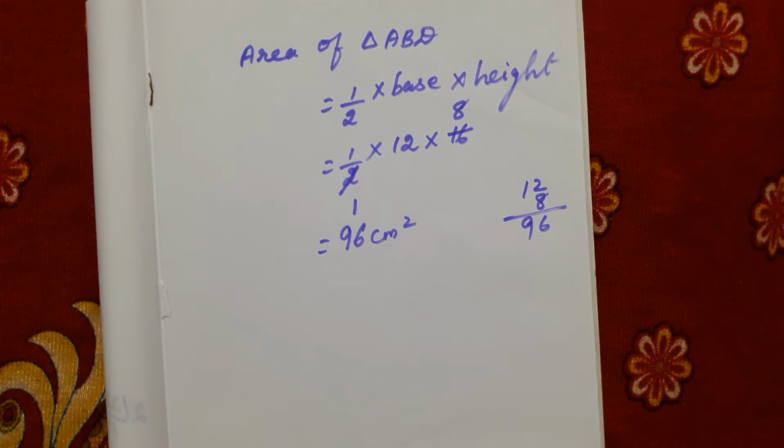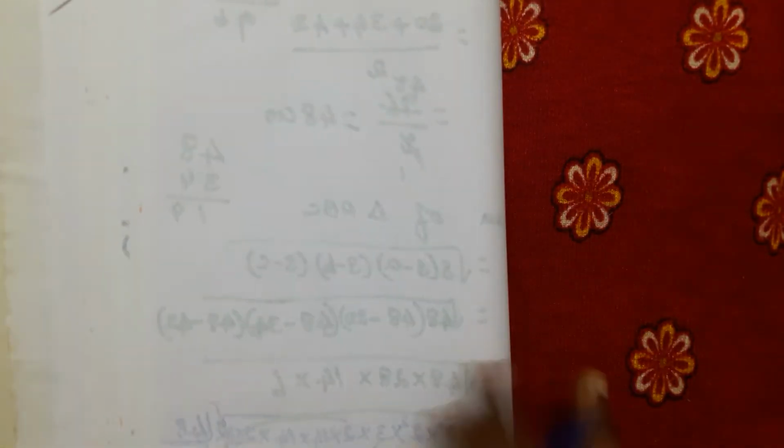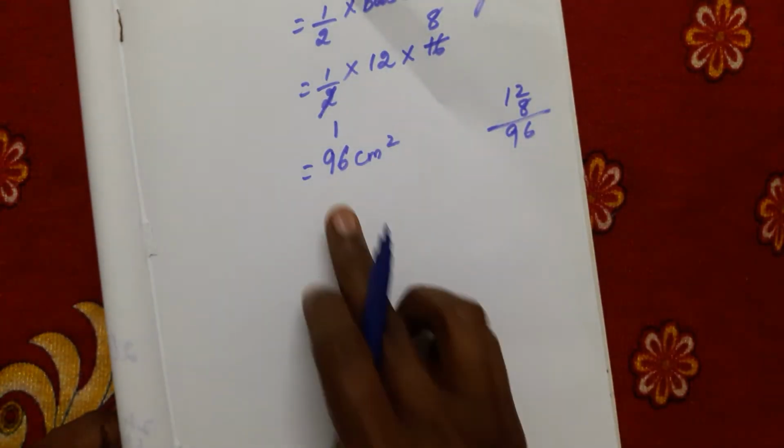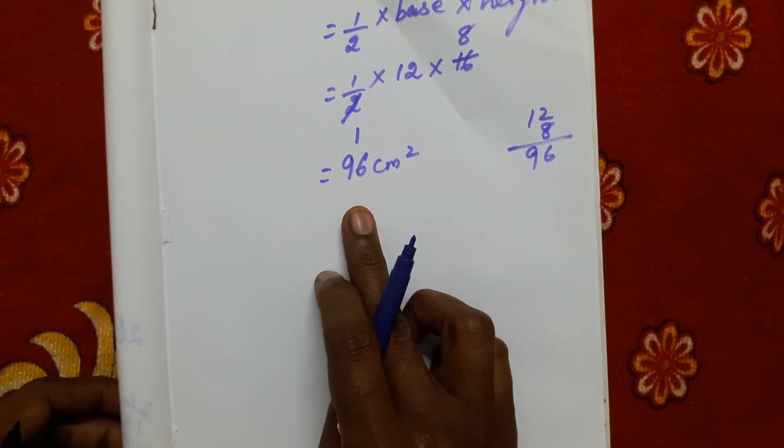What is the area of triangle ABC? 336 centimeters squared. What is the area of triangle ABD? 96 centimeters squared.